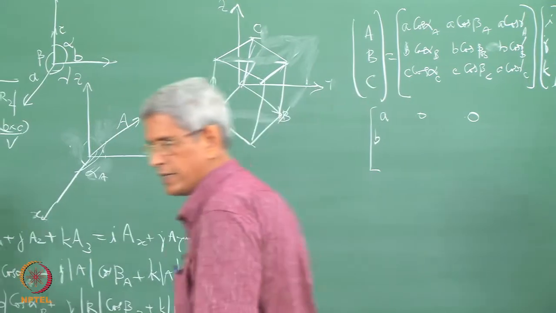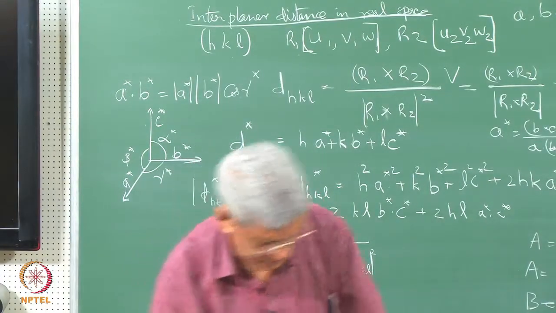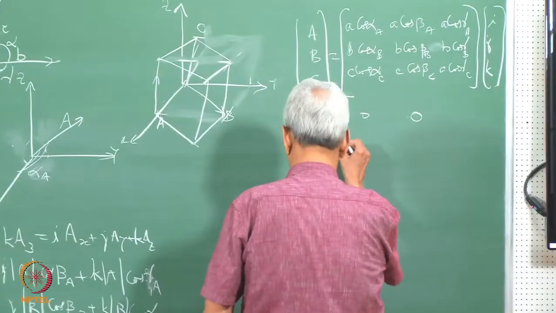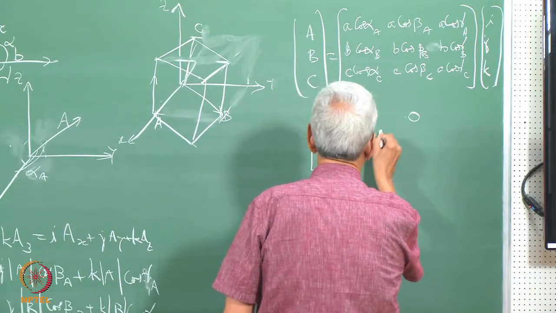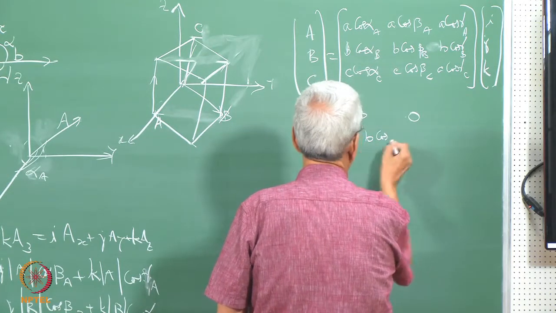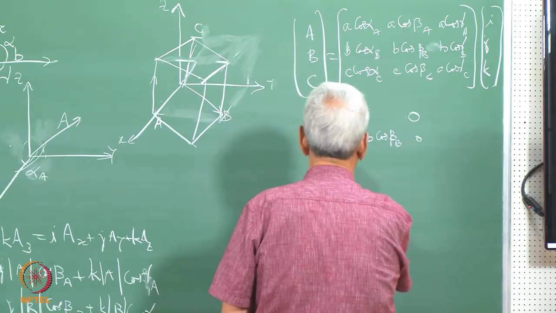Then similarly here, I will just write that expression, but you can work out all these aspects. For B, it is B cos alpha B, B cos beta B, 0.